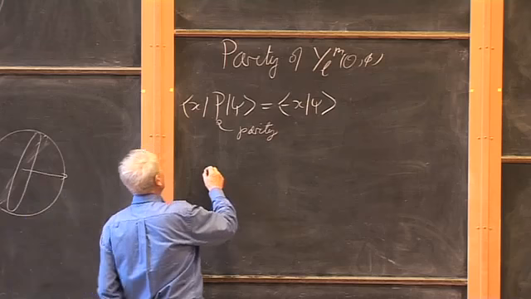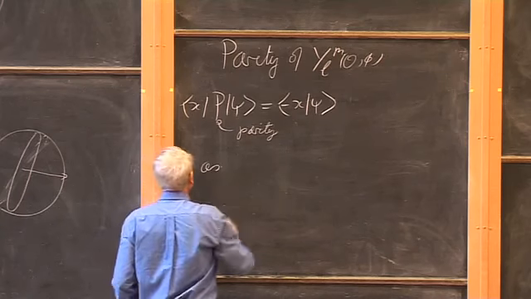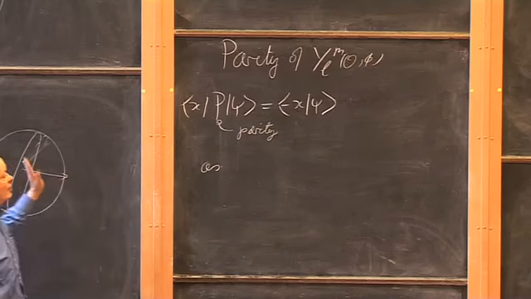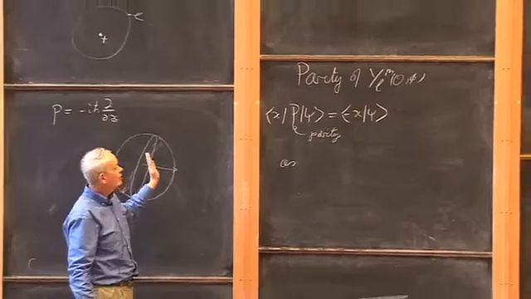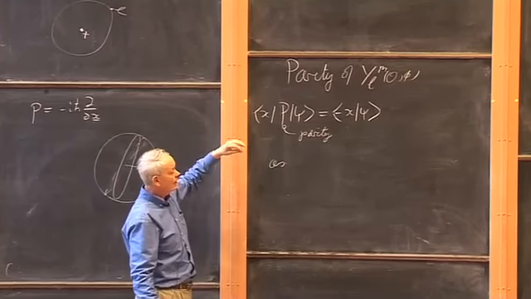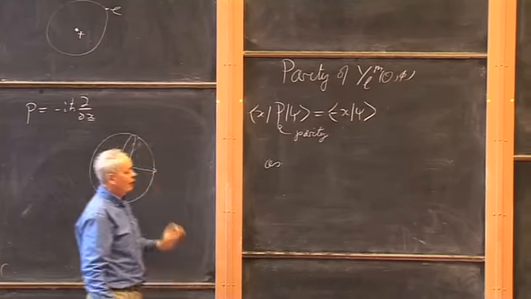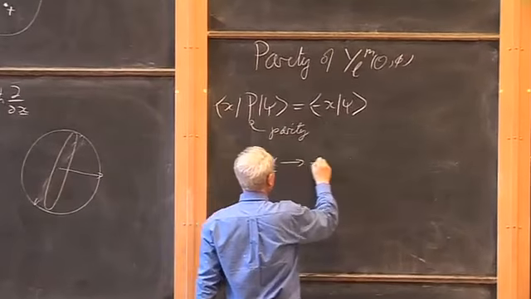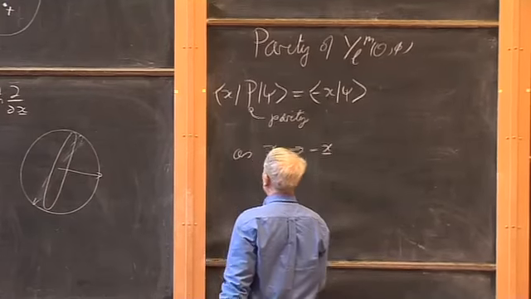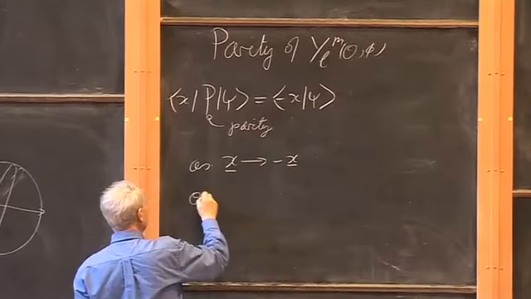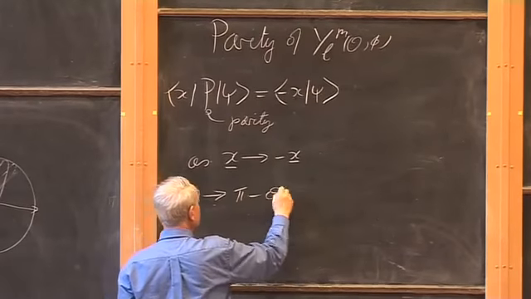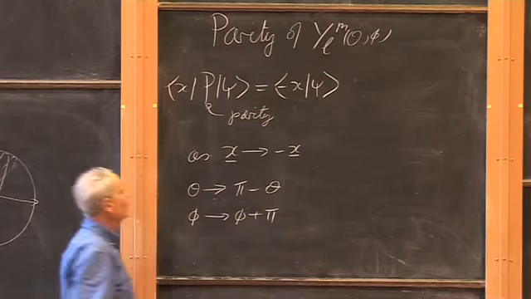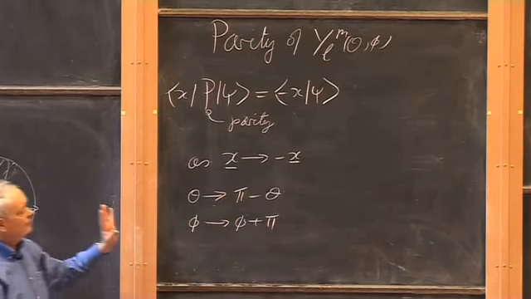Okay. So this is sort of imagined in Cartesian coordinates. Since our Y's are all defined in terms of polar coordinates, we need to translate the operation of going from x to minus x into spherical polar coordinates. As we go from x to minus x, it's easy to check that theta goes to pi minus theta, and phi goes to phi plus pi. So this reflection action, you need a picture really.